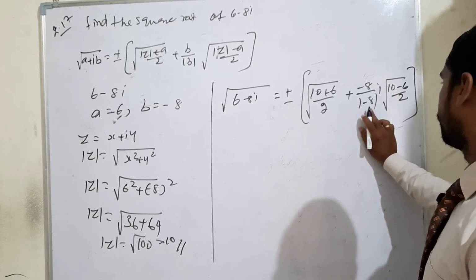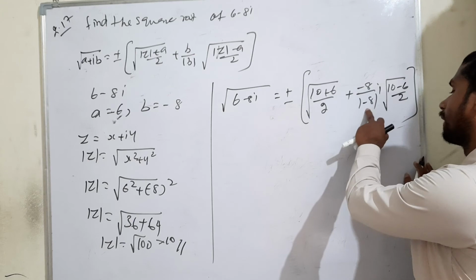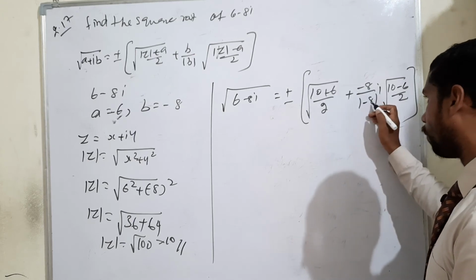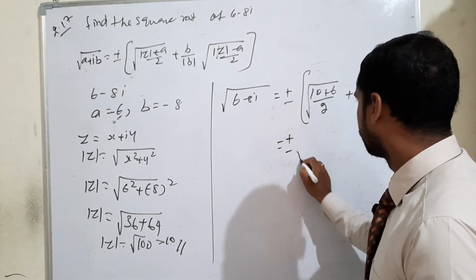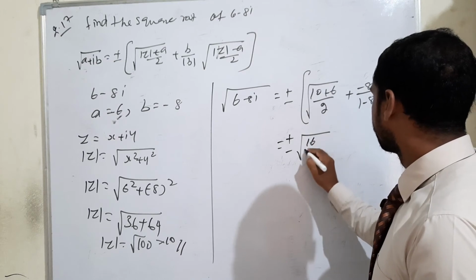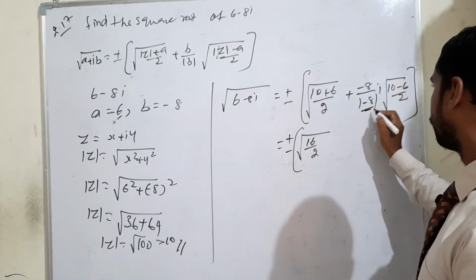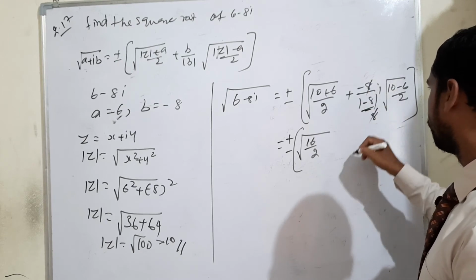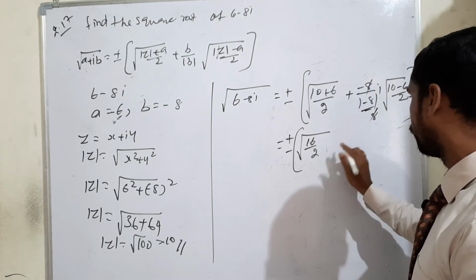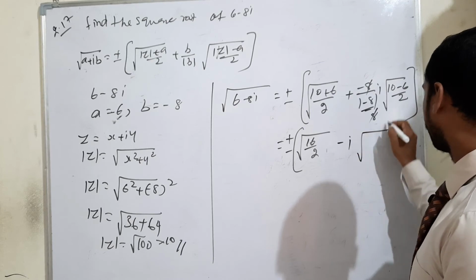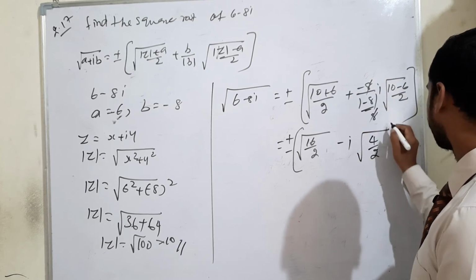Here is why I told you about different signs. If you remove the modulus, I will write it in the next line: plus or minus square root of 16 by 2. Then here, if you remove the modulus, definitely positive 8 will come. So 8 and 8 cancel, and instead of plus, the sign will definitely be minus i, square root of 10 minus 6, which is 4 by 2.